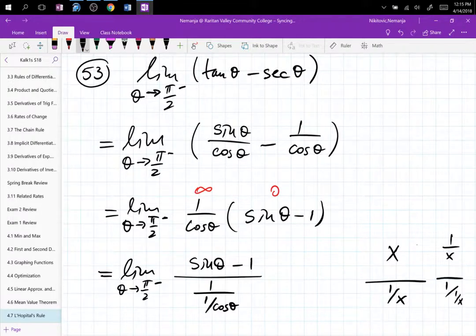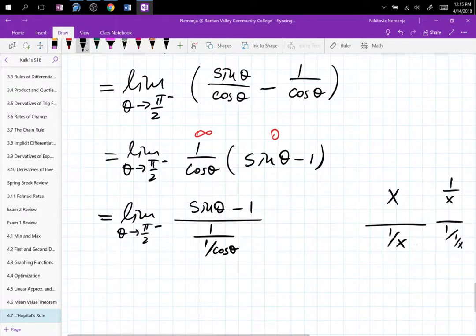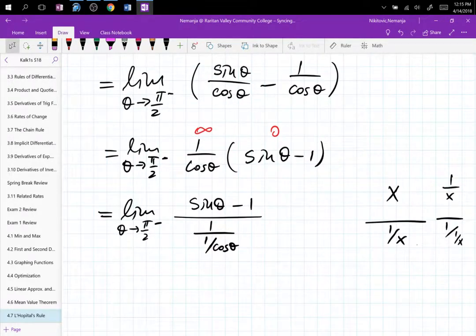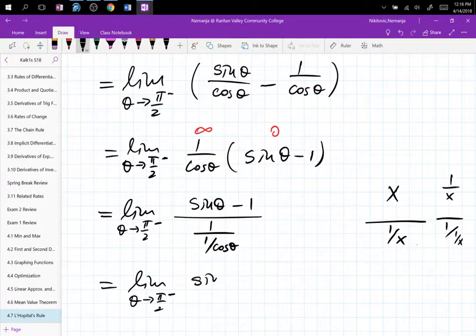So you have to be careful about that. The good thing is that we know 1 over cosine is secant, and then 1 over secant is cosine, so for the whole denominator, just cosine. So we have sine theta minus 1 over cosine theta. Again, 1 over cosine is secant, and then 1 over secant is cosine, so it just flips twice.